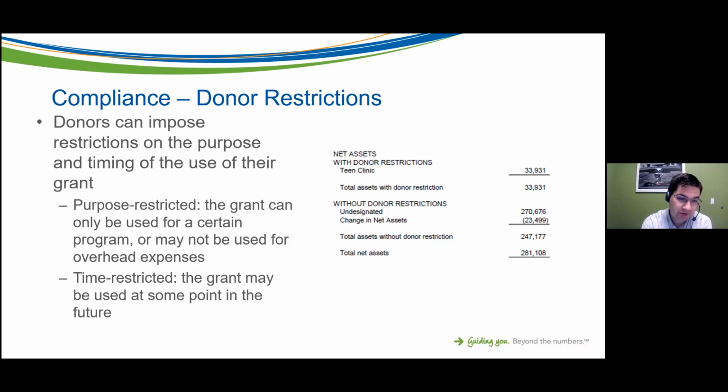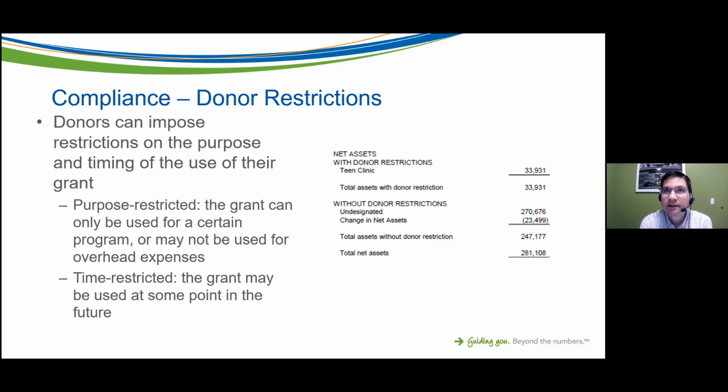So for purpose restrictions, the grant can only be used for a certain program or may not be used for overhead expenses. Some government grants only allow you to charge a certain amount of admin costs to that grant. Frequently with Dane County Human Services, I've seen anywhere from 10 to 20% of allowable admin costs.